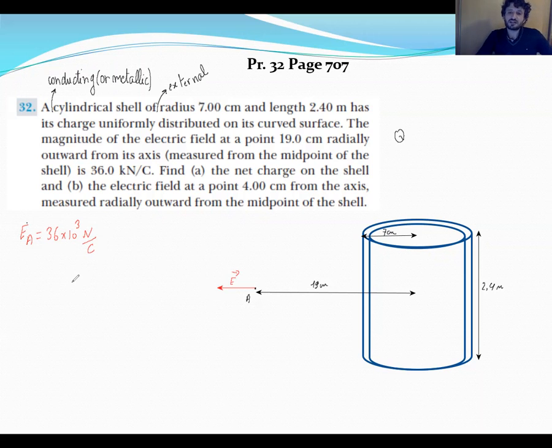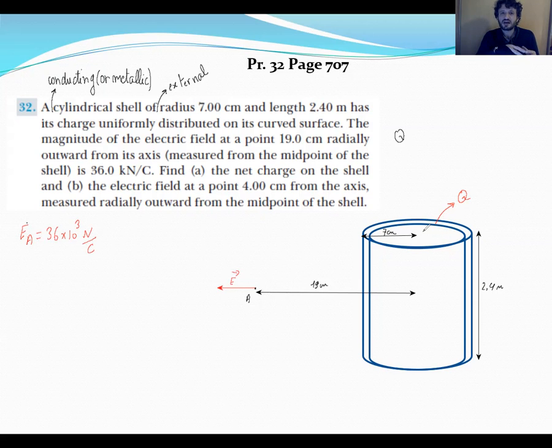Find the net charge of the shell. Now I have to find Q, the charge distributed on the cylinder. Before starting the solution, let me explain the problem. Here we have a conducting cylindrical shell.